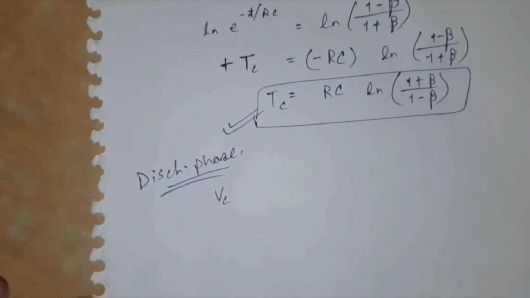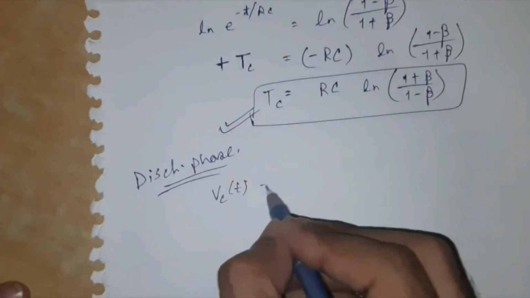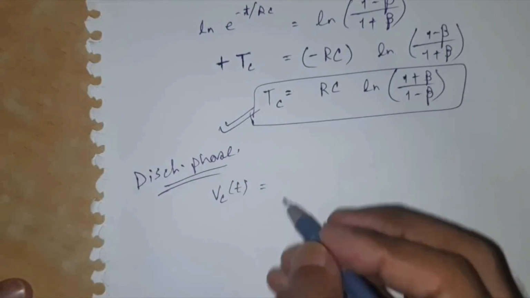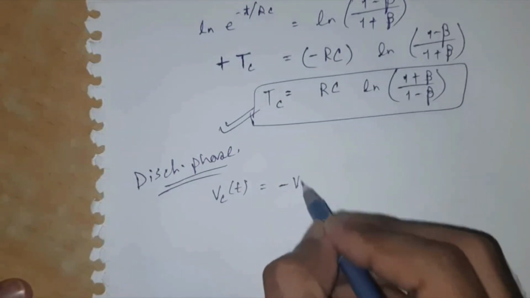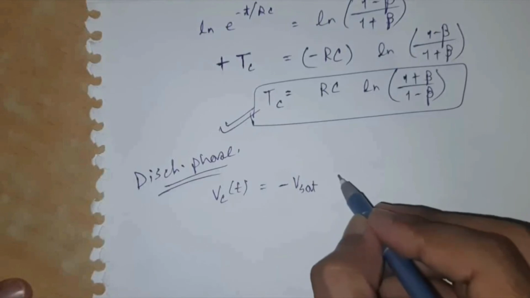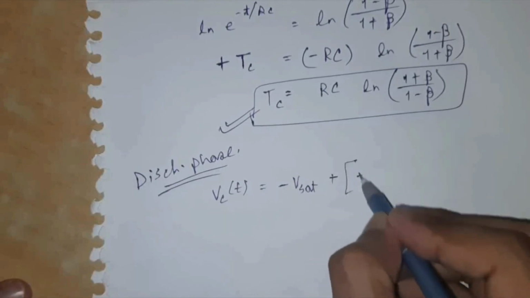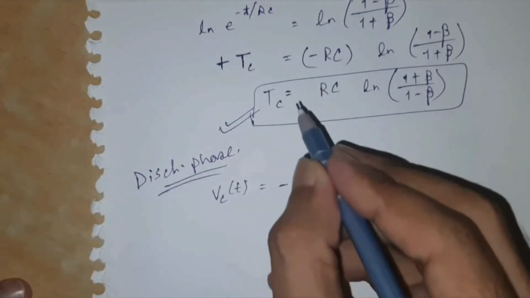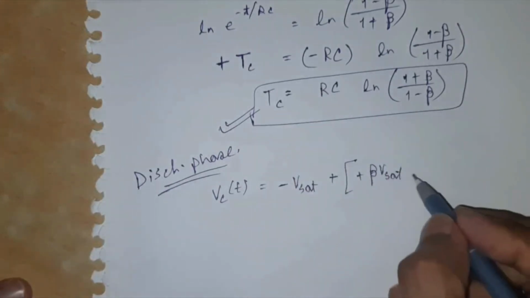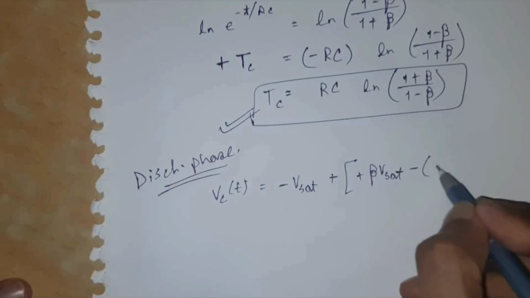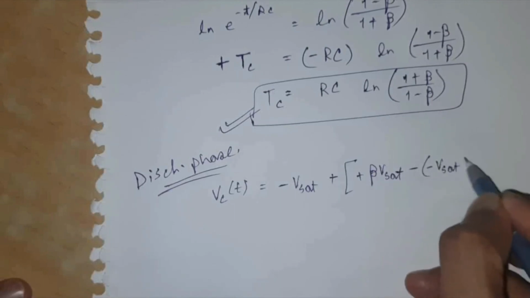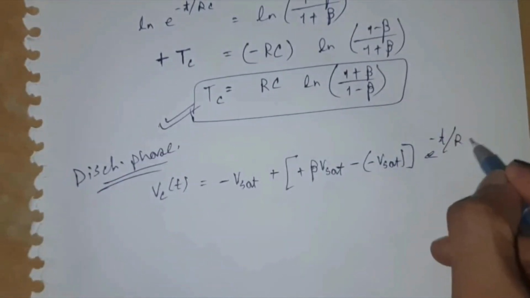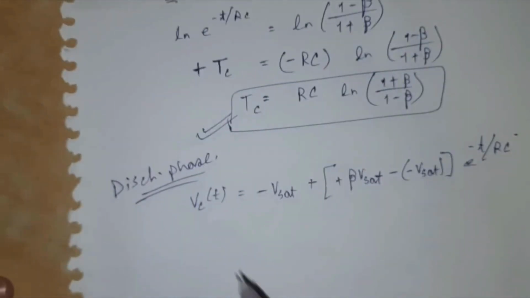Again the capacitor voltage Vc(t) will be given by final plus initial minus final, e to the power minus t by time constant. Here it will be minus Vsat, that is the final value, plus beta Vsat, that is the initial value from where the voltage of the capacitor will start to discharge, plus beta Vsat minus Vsat, e to the power minus t by time constant, that is again Rc.